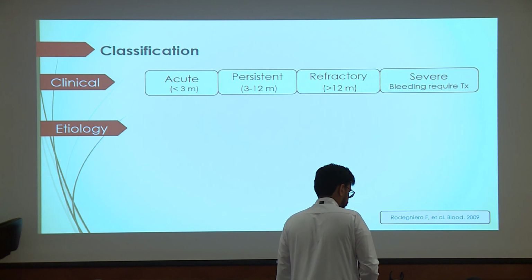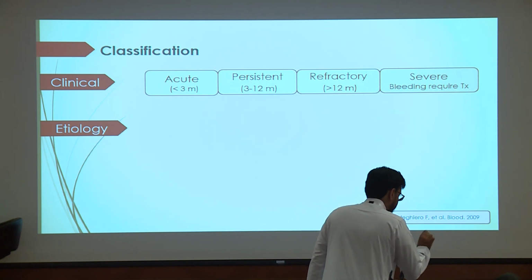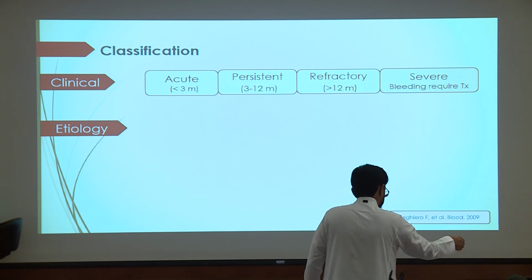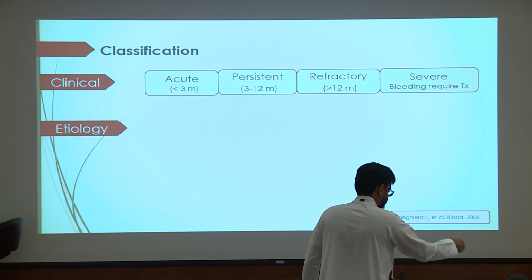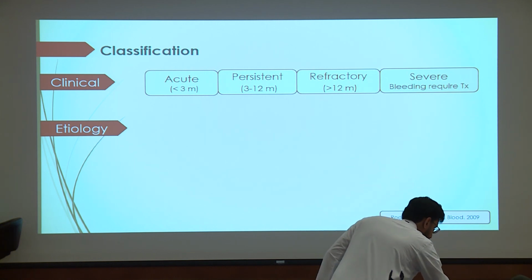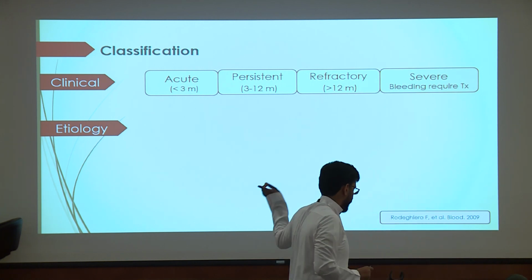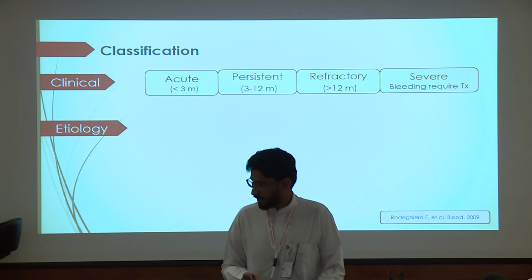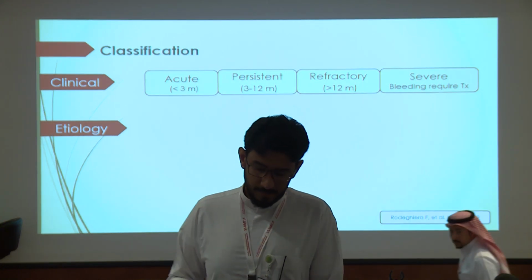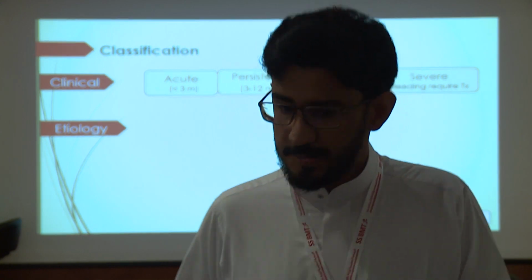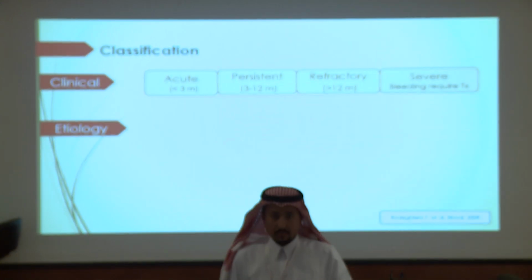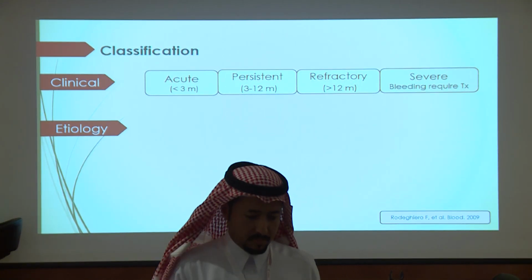He will have persistent ITP if he's not responding to ITP management within 3 to 12 months. He will be labeled as refractory ITP patient if the time lapse is more than one year, and the patient will be labeled as severe ITP if there is any bleeding manifestation, whatever stage he is on.